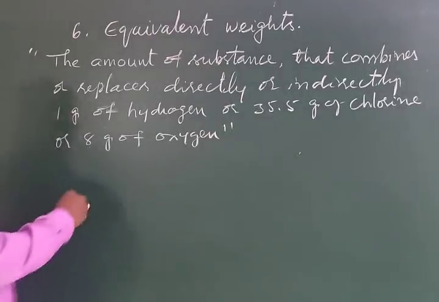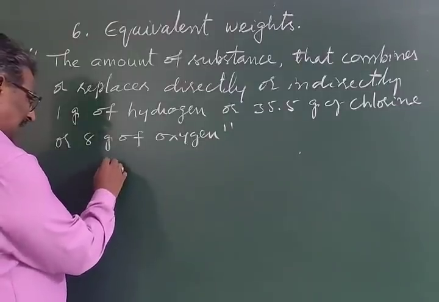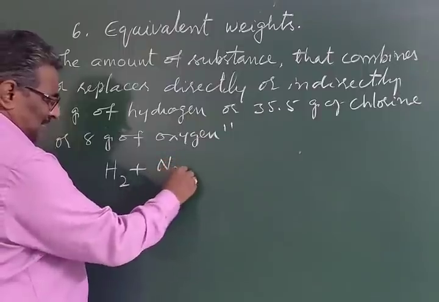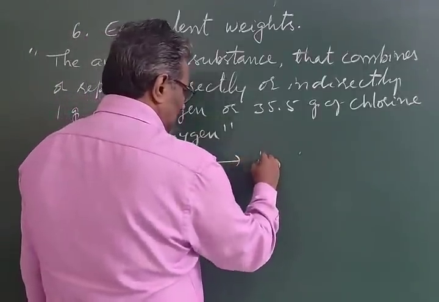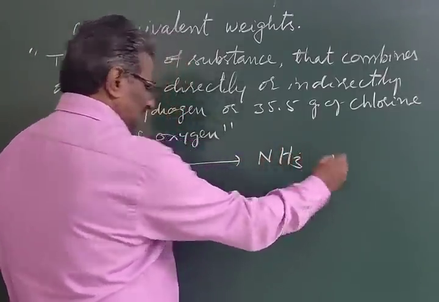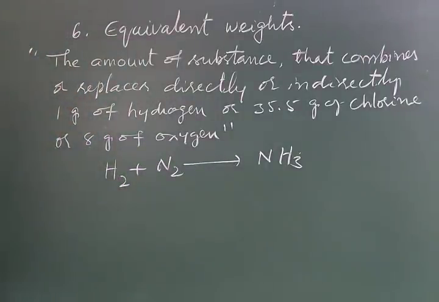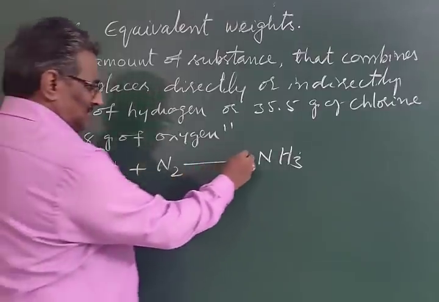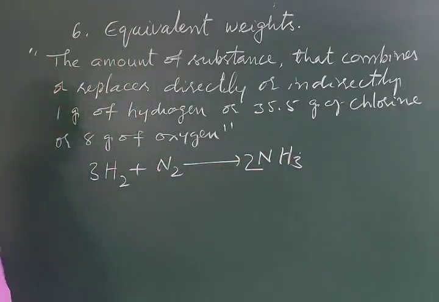For example, hydrogen combines with nitrogen to form ammonia. You know the balanced equation, 3H2 plus N2 gives rise to 2NH3.